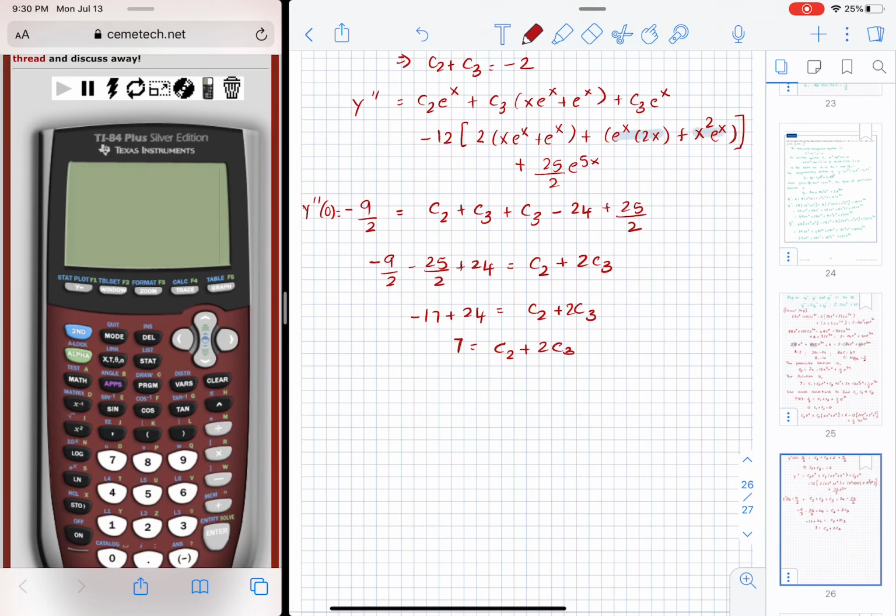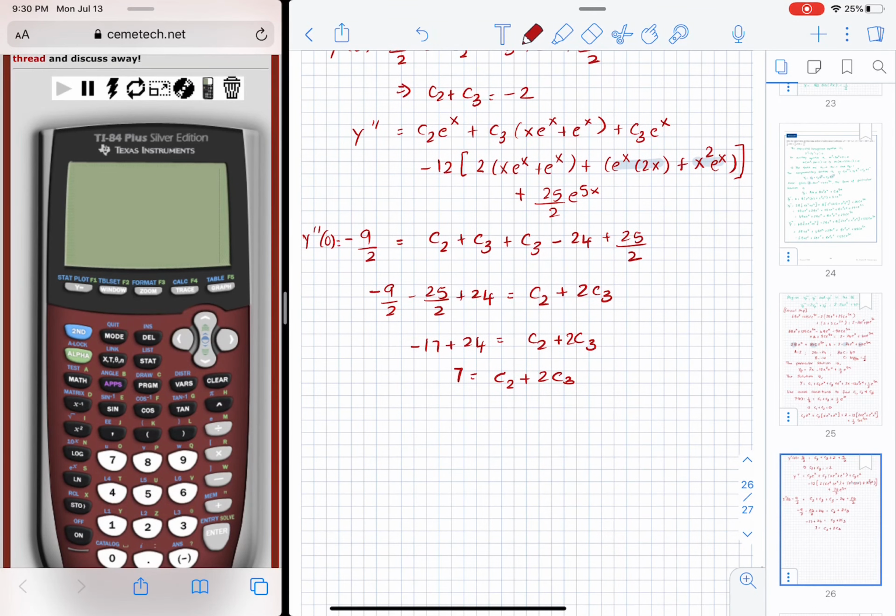That is one equation. The other is from earlier, c2 plus c3 equals negative 2. Subtract the two, we would have 9 equals c3. Take that value, plug it in one of the two equations.